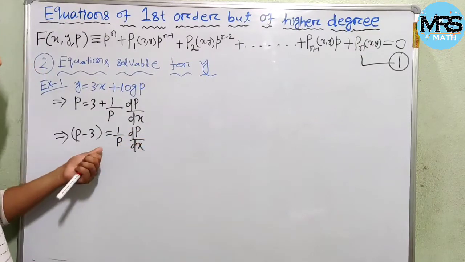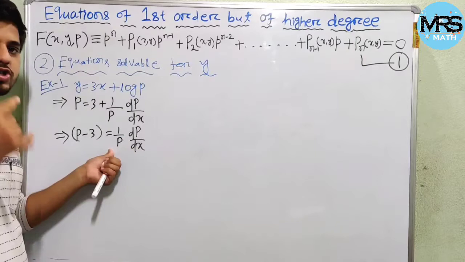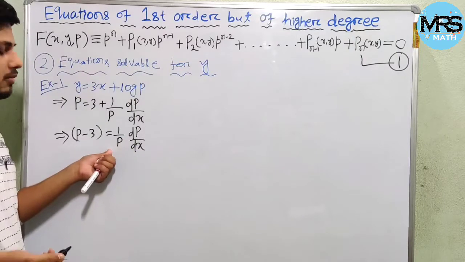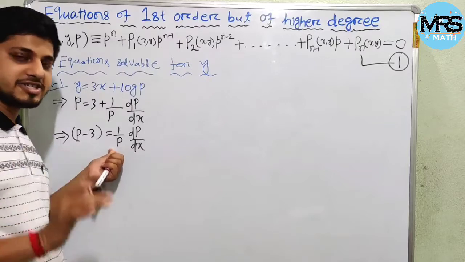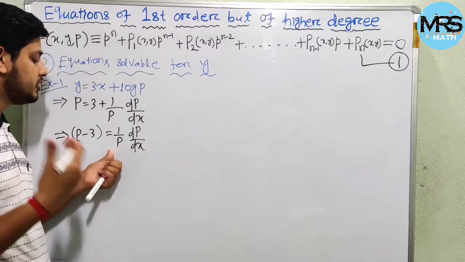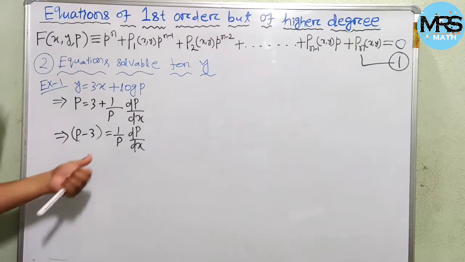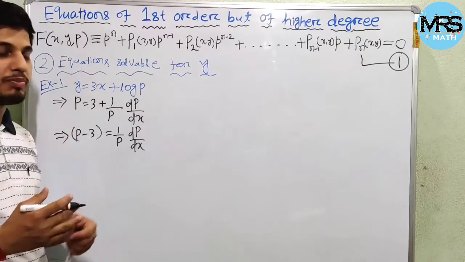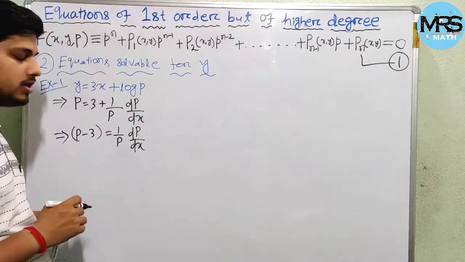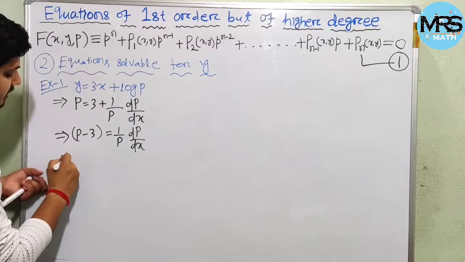This equation we have to solve by the methods which I have already discussed for first order first degree differential equations. Here I think if I apply the variable separation method, we can get the solution. Let us try this one.